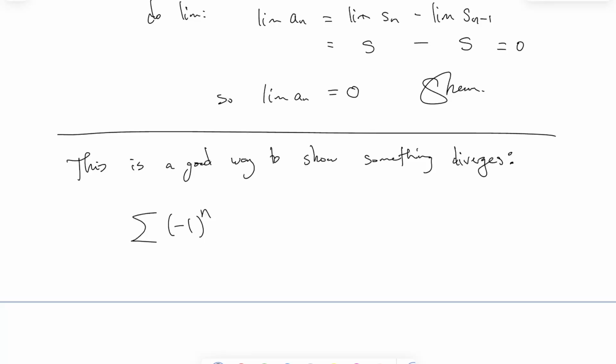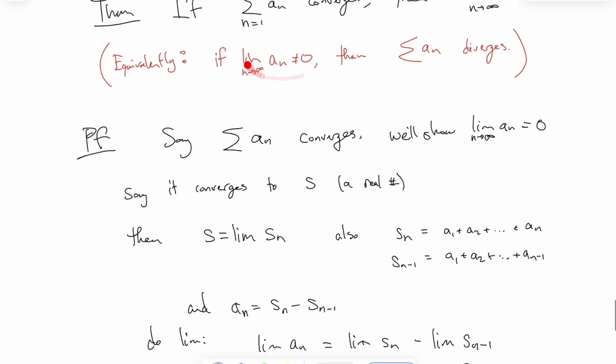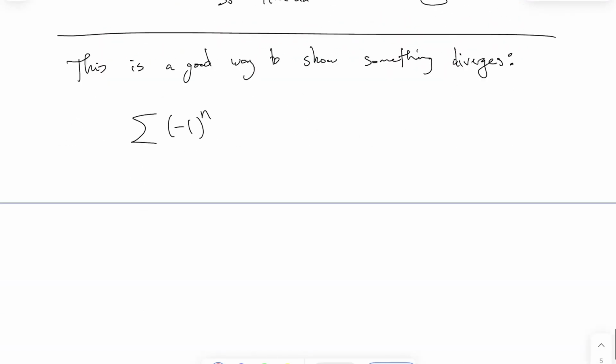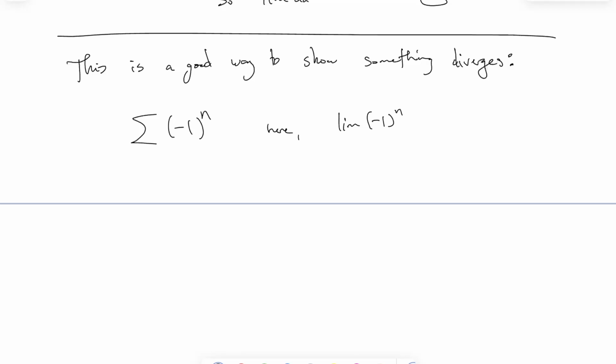Does this diverge? Remember what we just said here. If the limit of the terms is not 0, then it diverges. And that actually is true here, right? Here, the limit of the terms: what is that limit? This limit doesn't exist because if I write out the terms, it's minus 1, 1, minus 1, 1, right?